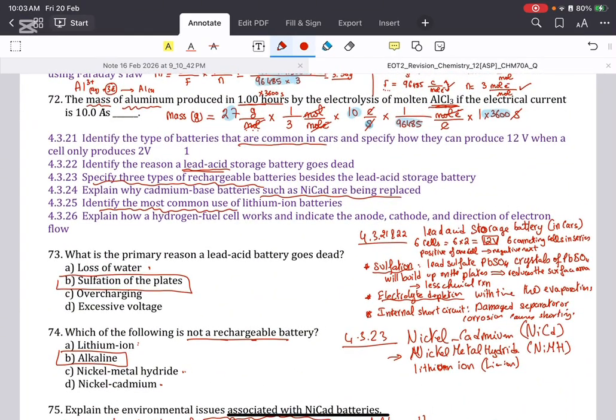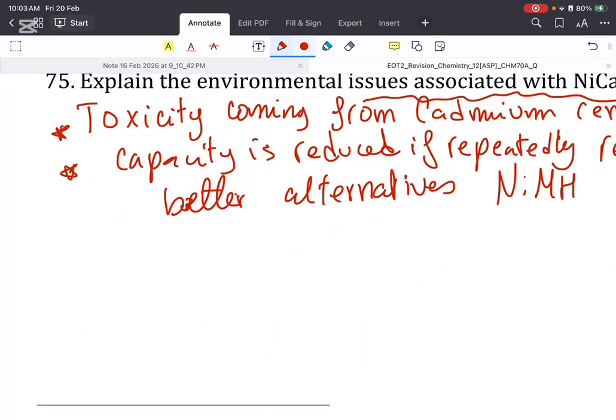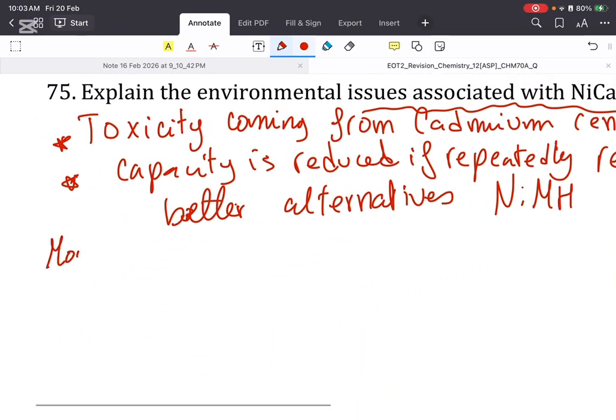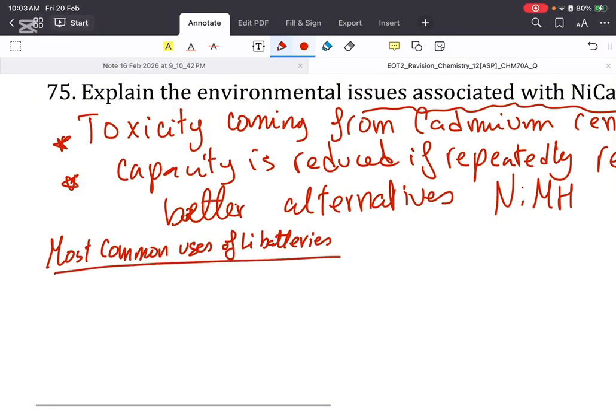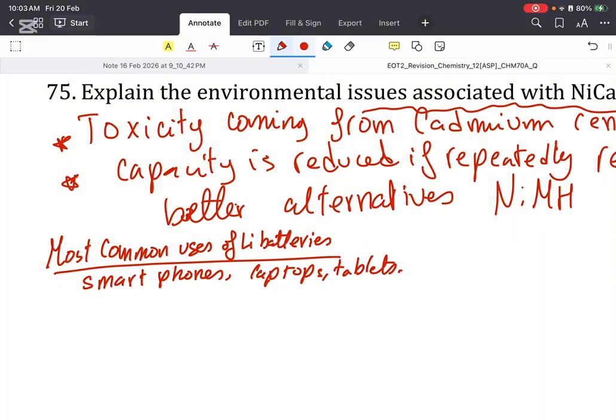Now I have here another KPI: identify the most common uses of lithium ion batteries. The most common uses of lithium batteries are for smartphones, laptops, tablets, iPads.